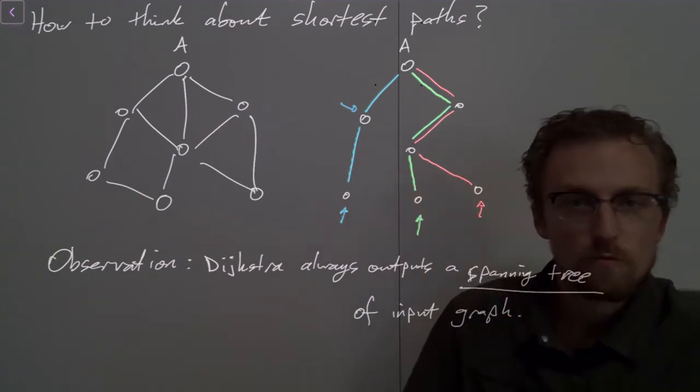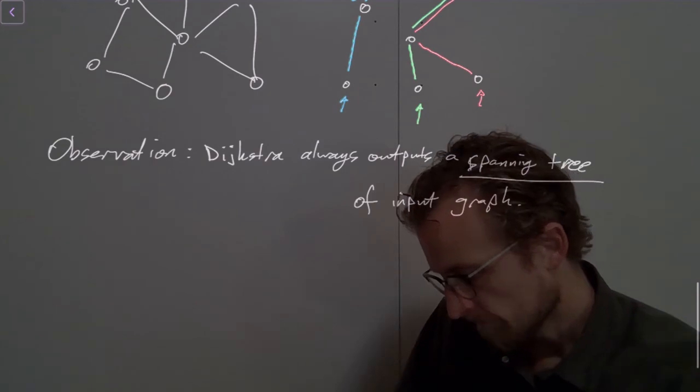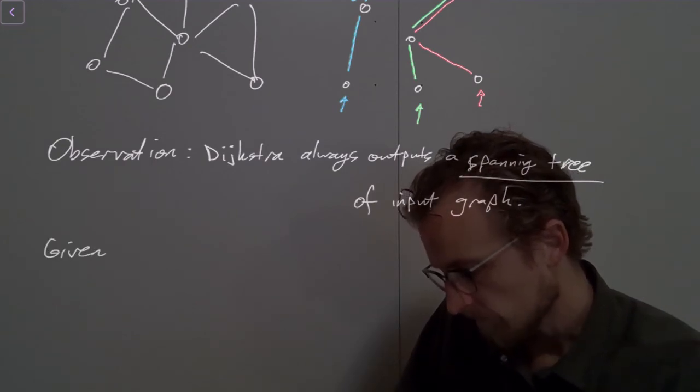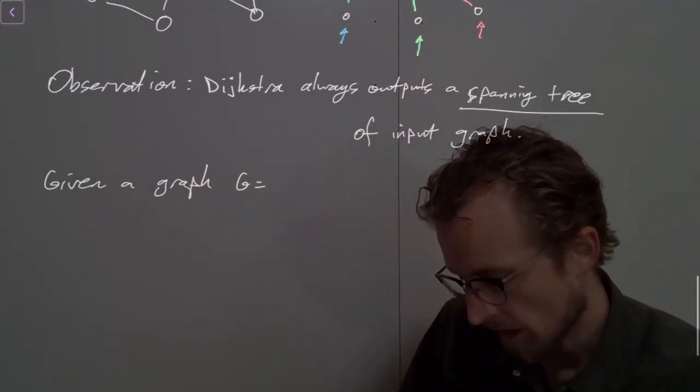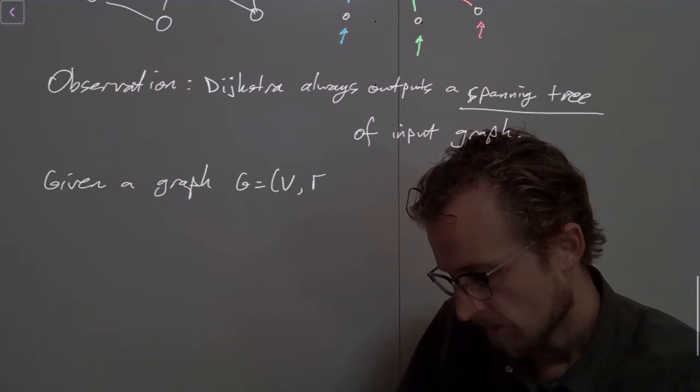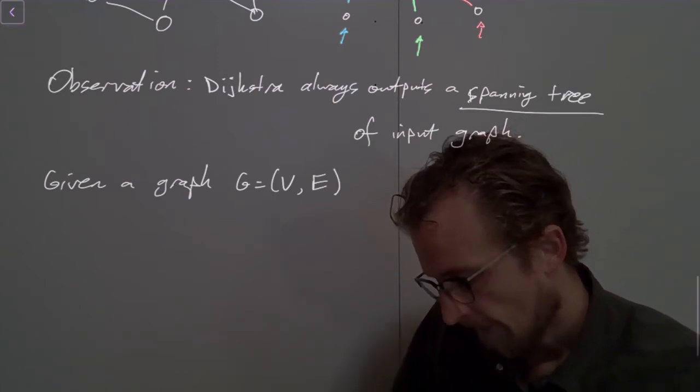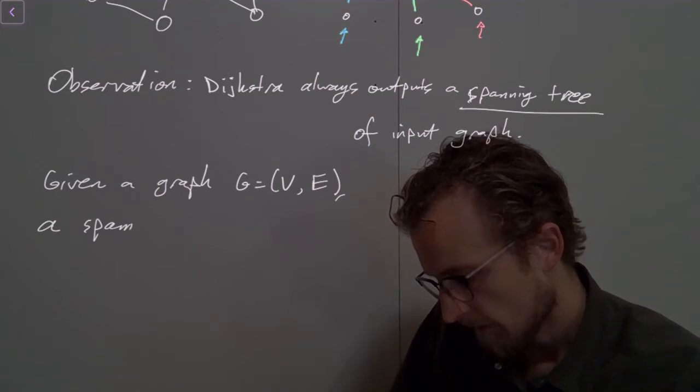So just briefly, what's a spanning tree? Given a graph G, which is a collection of nodes and edges, V and E, a spanning tree is defined like this.